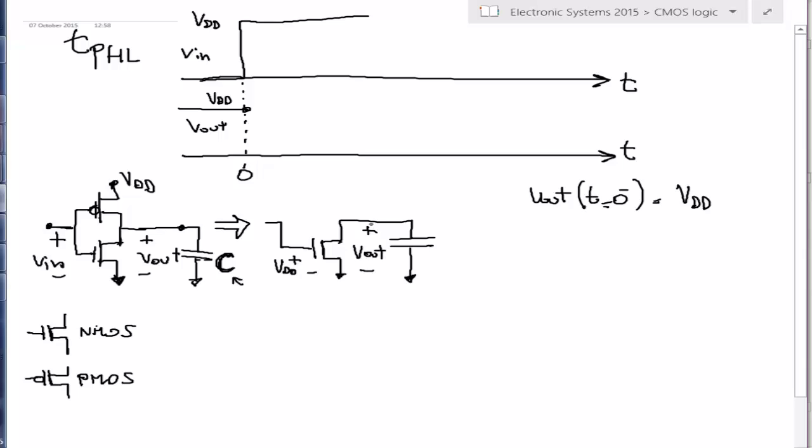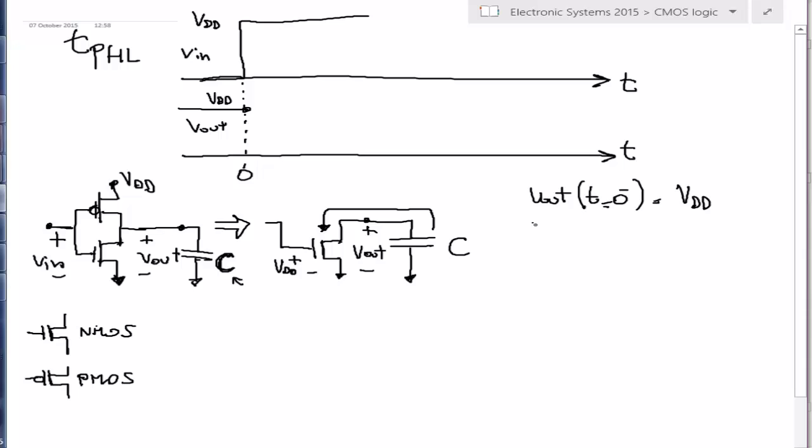So we have to decrease the output voltage, and in order to do that we have to discharge this capacitor. And the capacitor is discharged only through the NMOSFET.